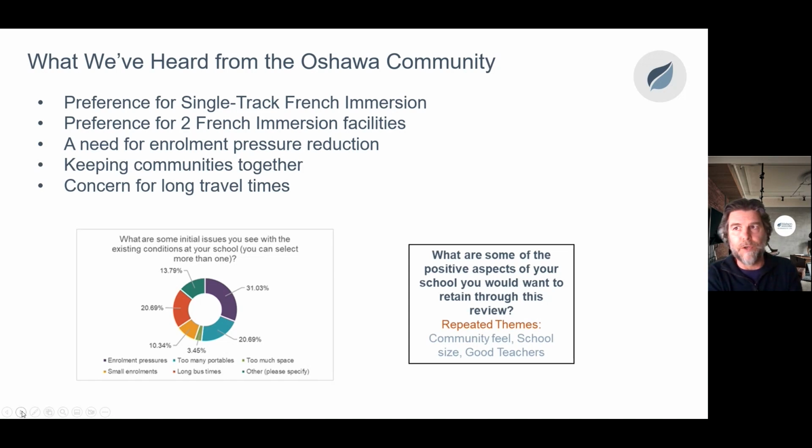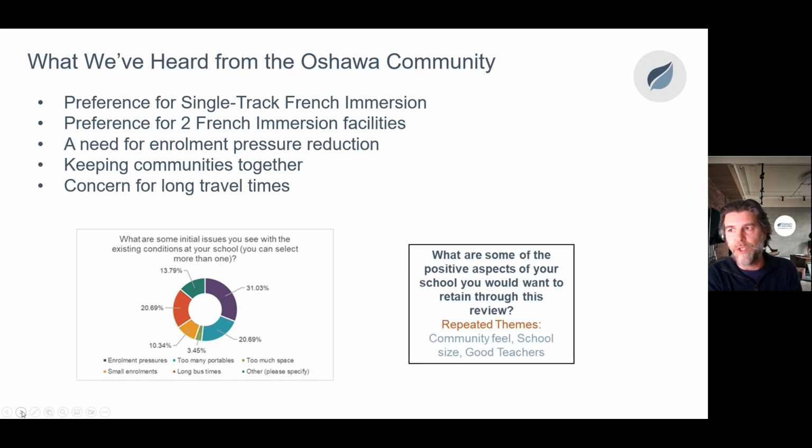There is a concern or a consideration to try as much as we can to keep communities together. And the public also wants us to consider with regard to any changes that might be made, what transportation implications there are, how long students might be on a bus for.